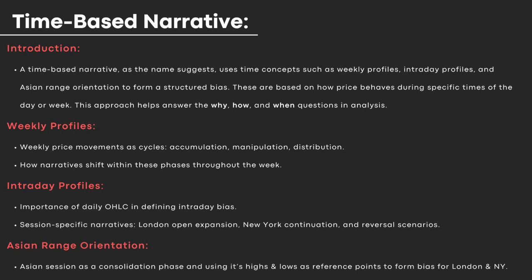For example, let's say the draw on liquidity is lower and the Asian range forms just below a 4-hour key level. During the London session, our main objective would be to wait for price to take out the Asian range liquidity, and along with that test the 4-hour premium key level before we could expand lower, right? That's what we call building narrative, because we've concluded the price is going to first of all take out liquidity before moving lower.